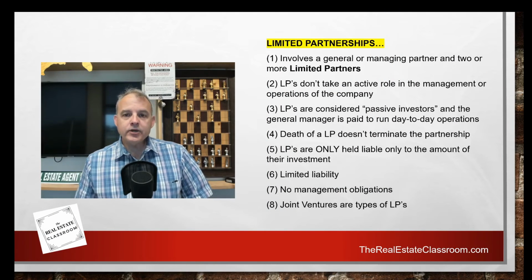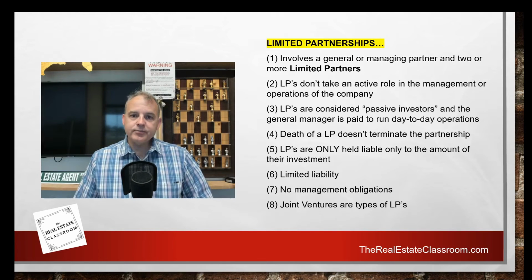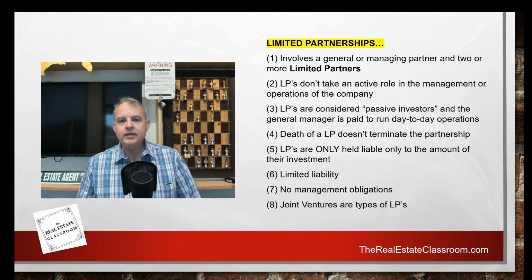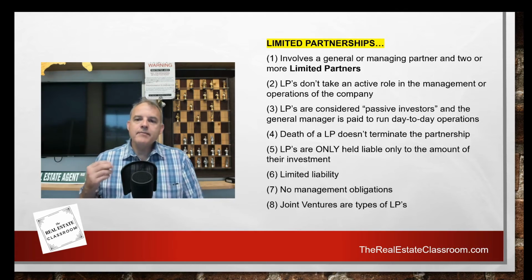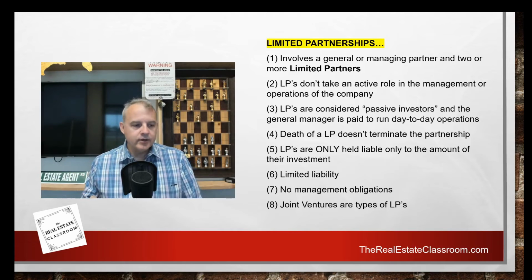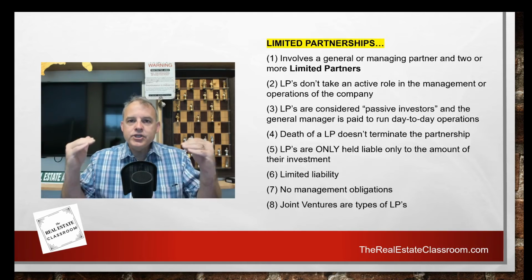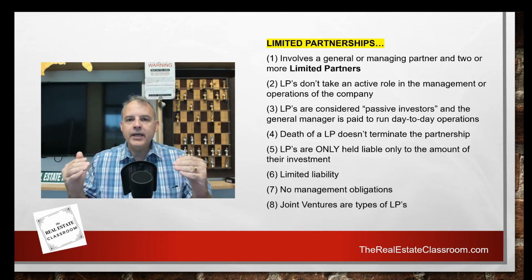The next type of partnership I want to discuss is what we call a limited partnership, or sometimes called an LP. Number 1, it involves a general or managing partner and then 2 or more limited partners. So let's say 3 people get together to create this limited partnership. They're going to hire a general partner or a general manager.